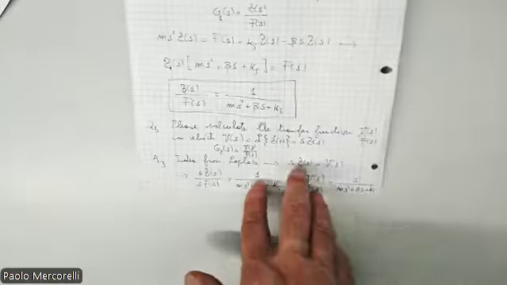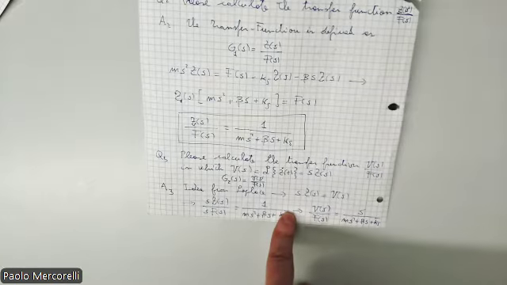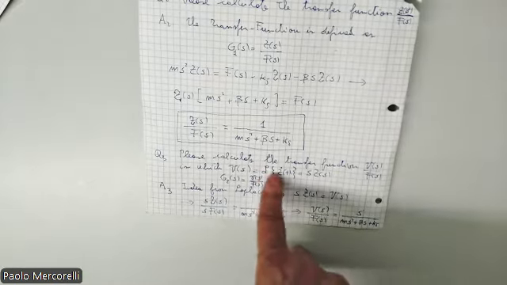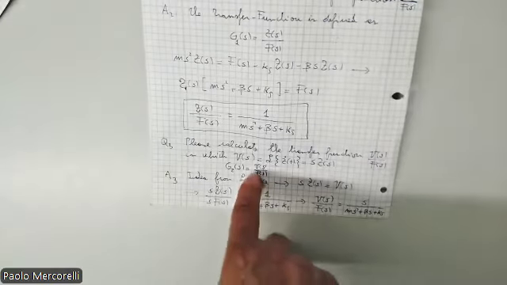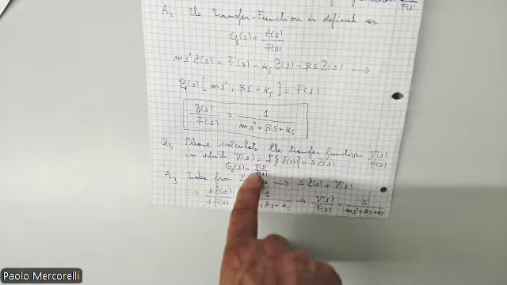This means using again this really fundamental theorem, the derivative theorem, which can also be used for the second derivative, the third, and so on. Applying this, I can directly calculate this transfer function.